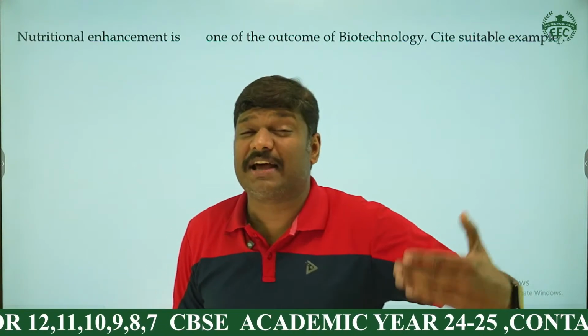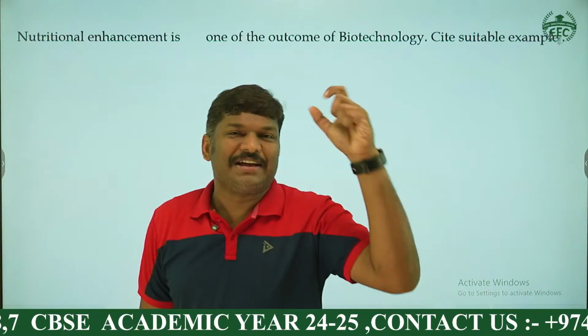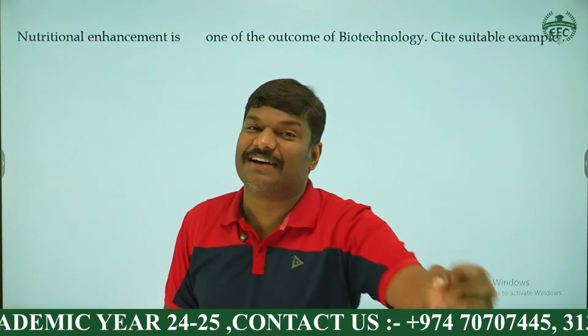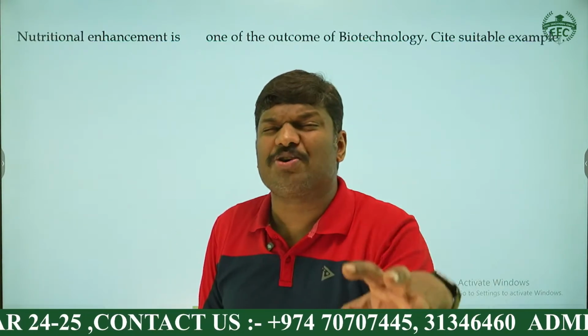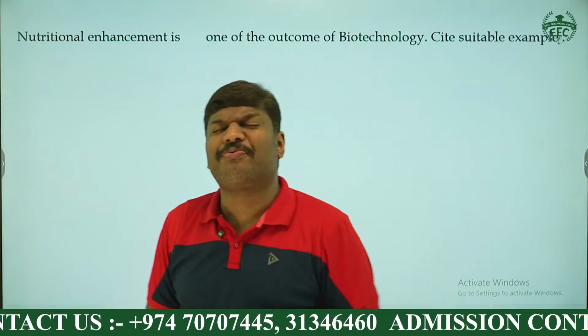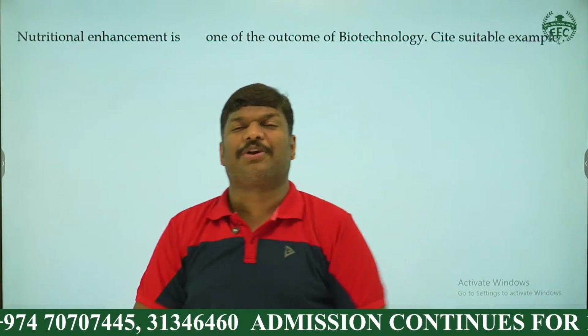They have some advantages. What is that? They are tailor-made plants, and they can resist abiotic stress. They can increase mineral usage, decrease post-harvest loss, increase the nutritional value of food, and there are different advantages of genetically modified organisms.